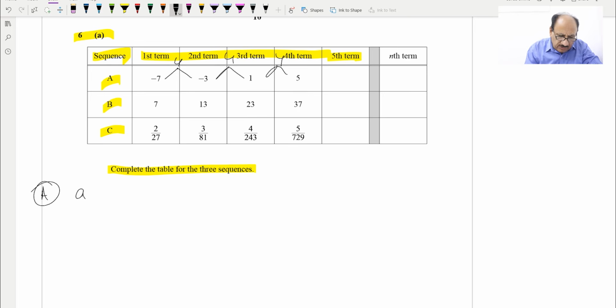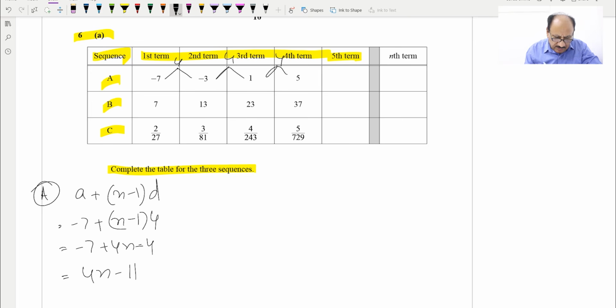So this is an arithmetic sequence, and we will apply the formula for the nth term: a plus n minus 1 into d. So the a value is minus 7 plus n minus 1 into the difference, which is 4. So this will be minus 7 plus 4n minus 4, which is 4n minus 11.